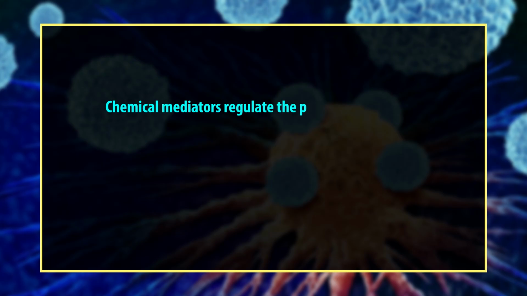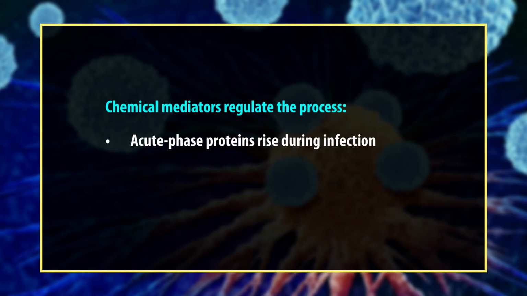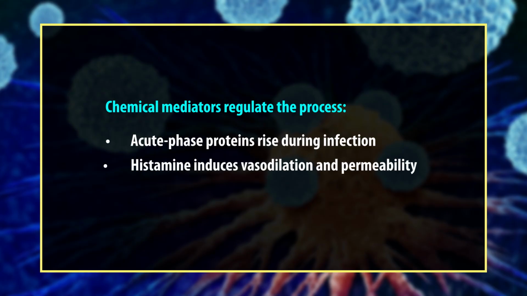Phagocytic cells engulf pathogens, but release of lytic enzymes may also damage healthy tissue. Dead cells, digested material and fluid form pus. Chemical mediators regulate the process. Acute phase proteins rise during infection. Histamine induces vasodilation and permeability.